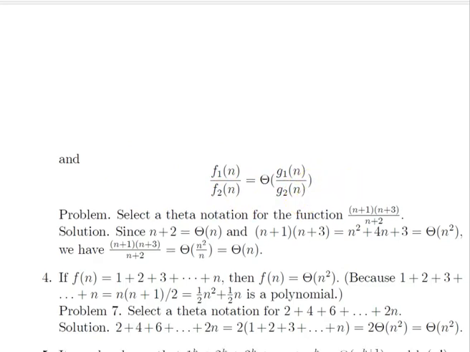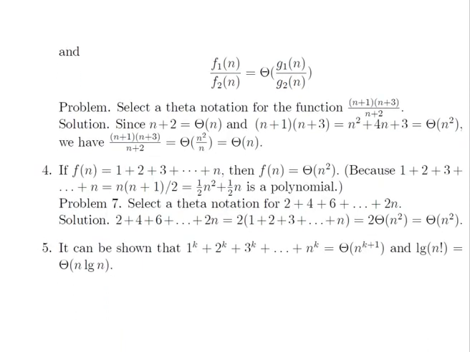Again, this property can be proved using the definition, but we are not giving the proof, we just apply the property. If we have to estimate such a quotient, we can use this property.